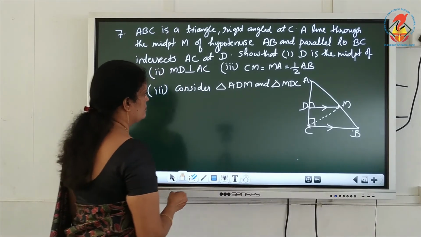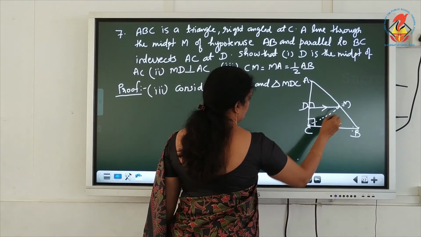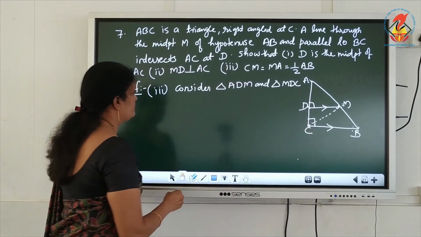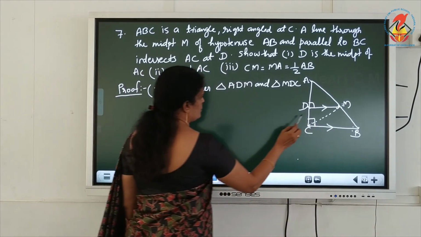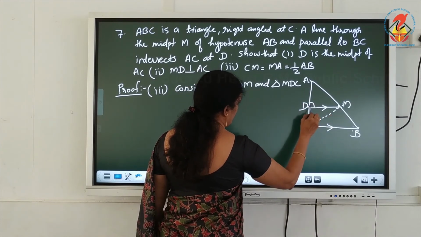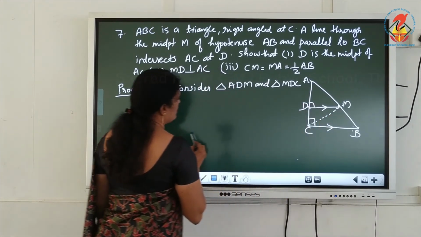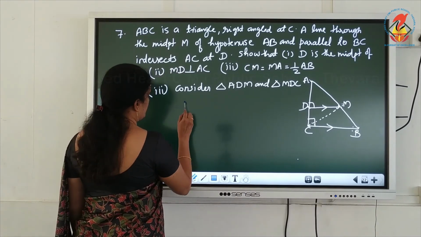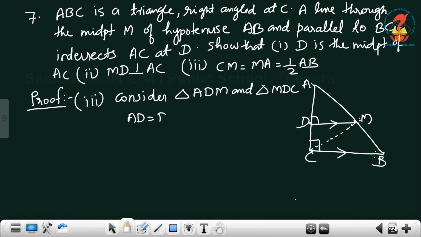You just join CM, and you will get another triangle. ADM and MDC. AD equals DC, proved.